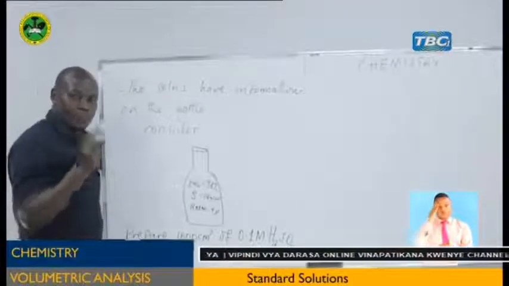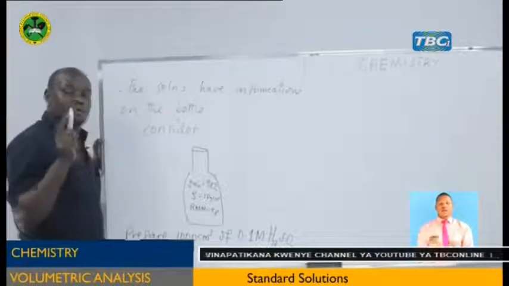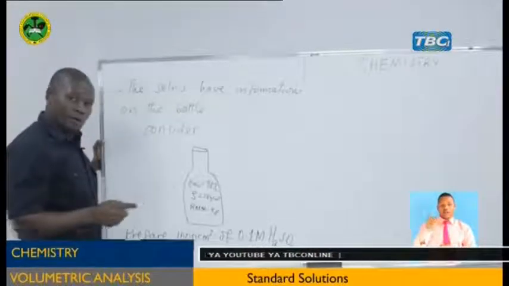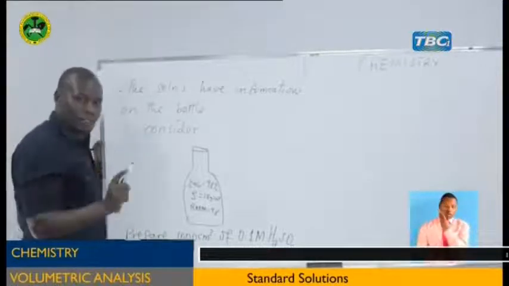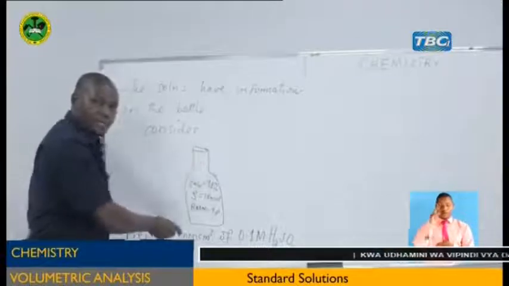If we use dilution in preparing them, that means you need first to calculate the molarity of the concentrated solution, or the molarity of the stock solution. So here we have to work out the molarity of the solution in that bottle.